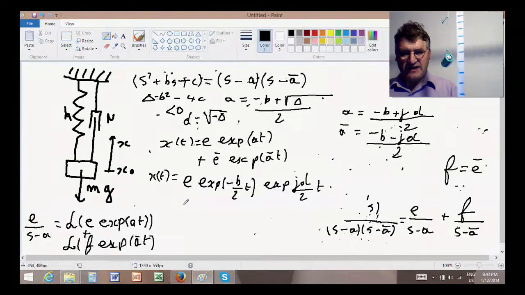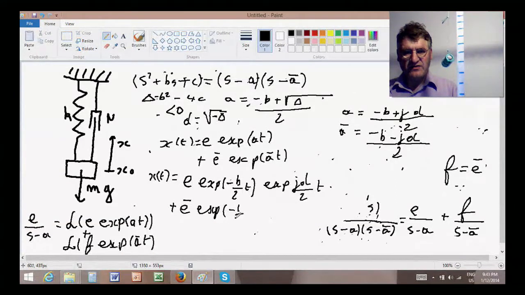And likewise for the other term, plus e bar exponential of minus b over 2 t exponential of minus jd over 2 times t.